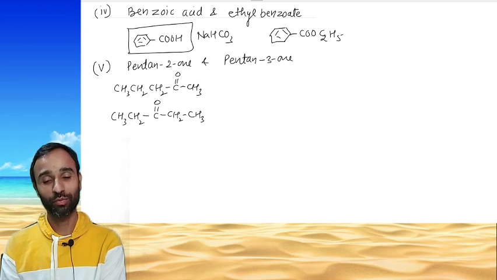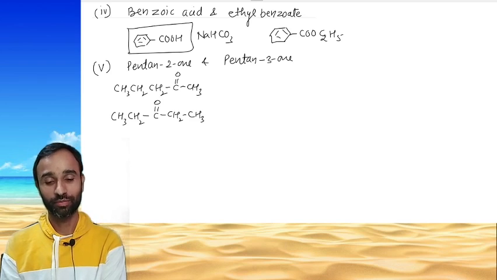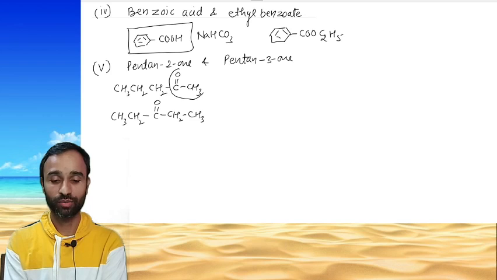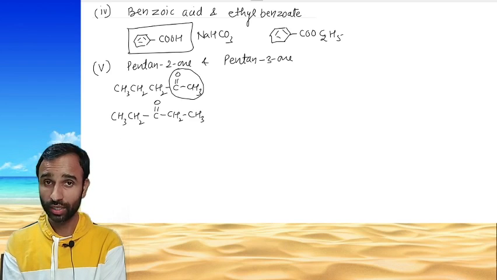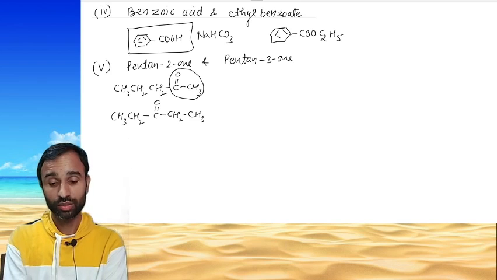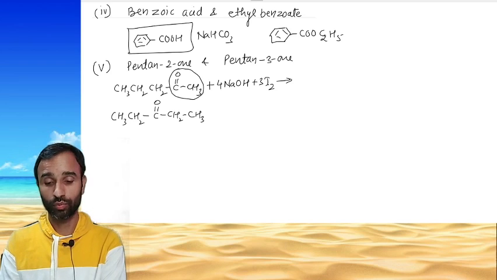Yes, tell me how to distinguish. See, this is a methyl ketone and this is not a methyl ketone. Both are ketones actually, but one is a methyl ketone, so that can give the iodoform test.